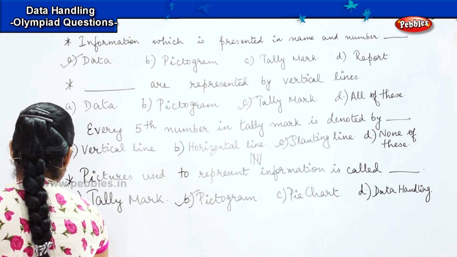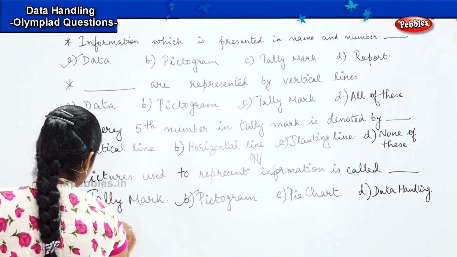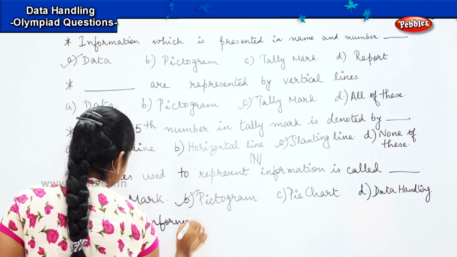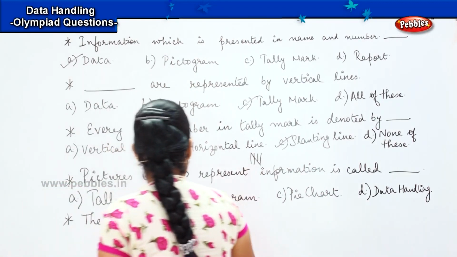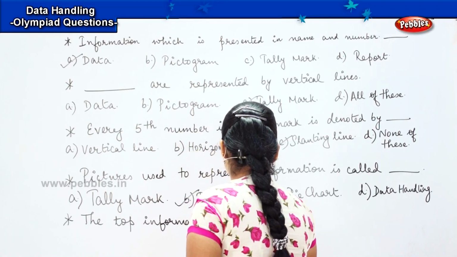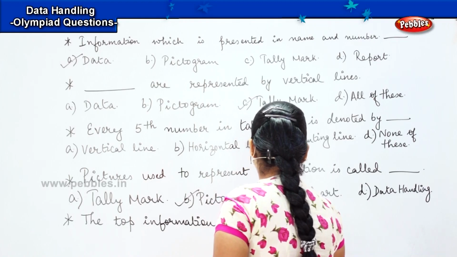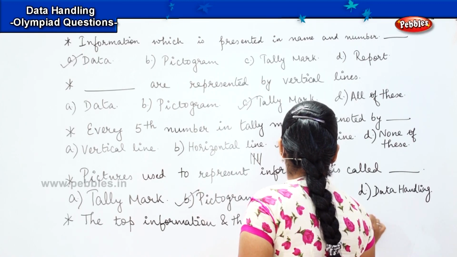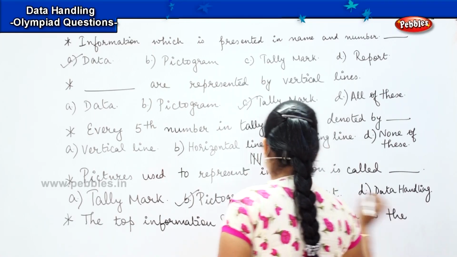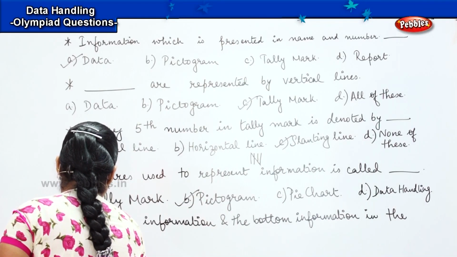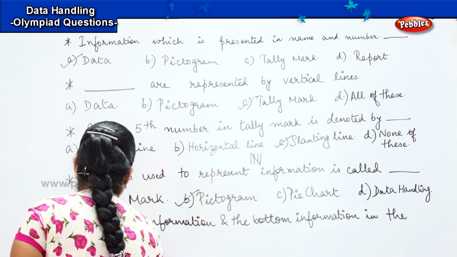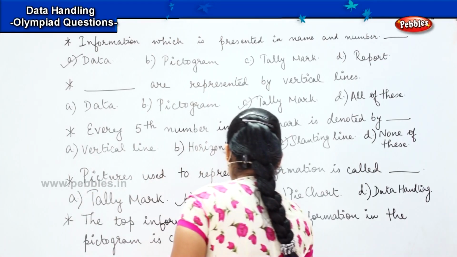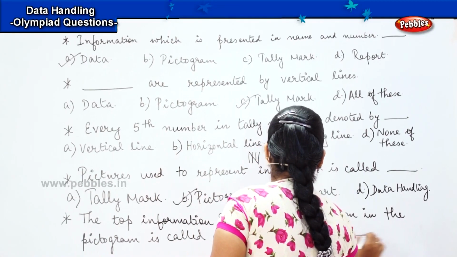Your next question is, the top information and the bottom information in the pictogram is called as dash and dash.